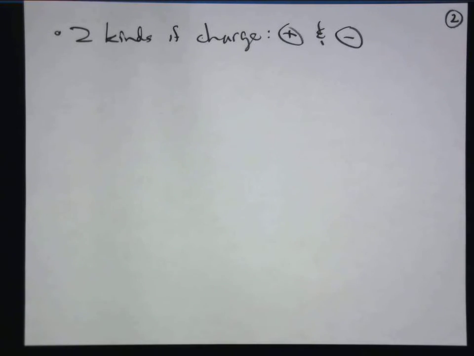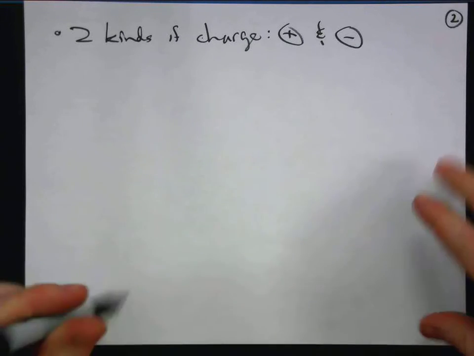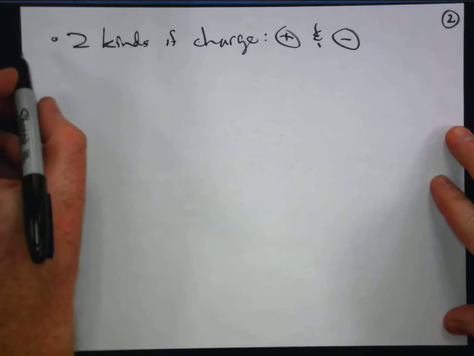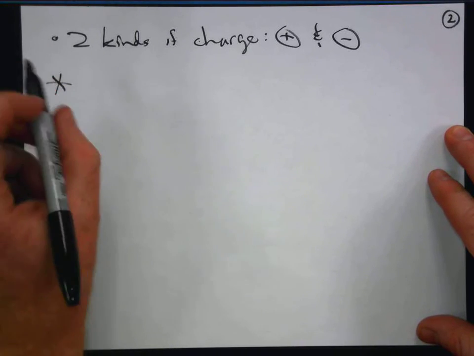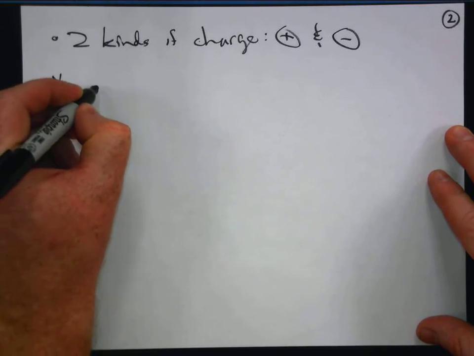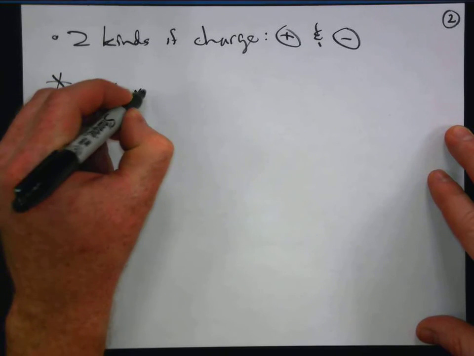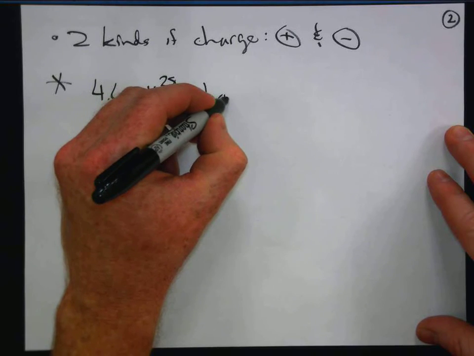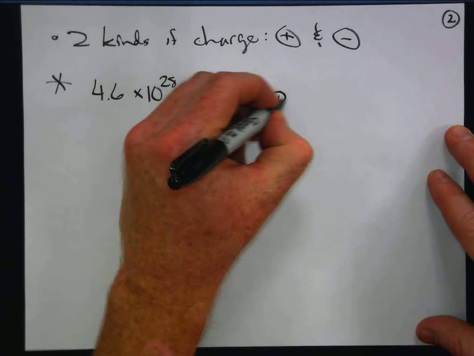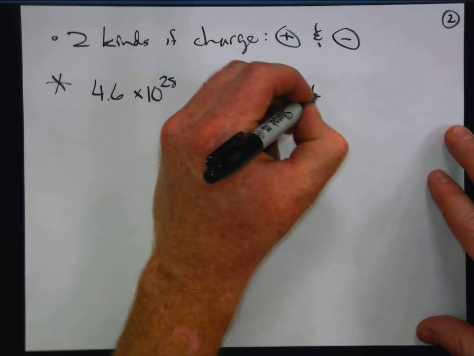Now, a little interesting trivial number for you. You do not have to memorize this. Not on the test. But in the human body, there may be as many as 4.6 times 10 to the 28 charged particles right now.